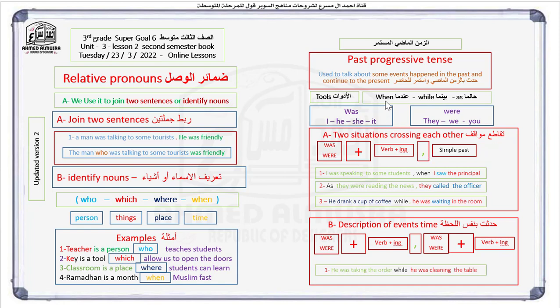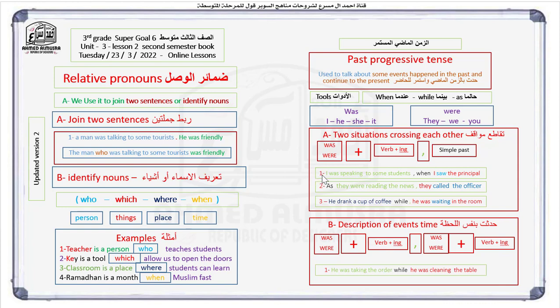We have a variety of structures regarding this tense. The second situation is simple past, which consists of regular and irregular verbs, such as visit, visited, get, got. Remember those two kinds of verbs.